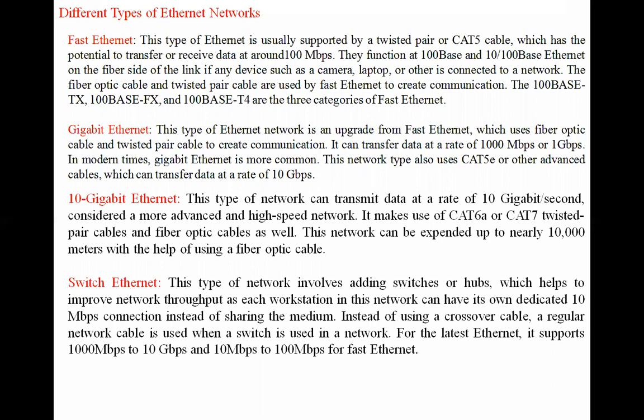And next, the second one is Gigabit Ethernet. Gigabit Ethernet is nothing but what? Giga is nothing but the Ethernet speed. It has been upgraded from Fast Ethernet. Again, they started using the fiber optic cables with the twisted pair cables, a combination of these two cables, to create the communications.